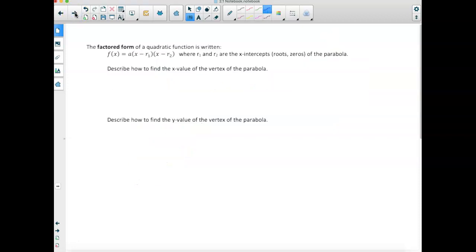Factored form of a quadratic function, that is how it's written. R1 and R2 are the x-intercepts and roots. Notice, no number on x. That's the only reason I can say it's R1 and R2 right now. Describe how to find the x value of the vertex in words. It's pretty simple. The x value will equal R1 plus R2 divided by 2.